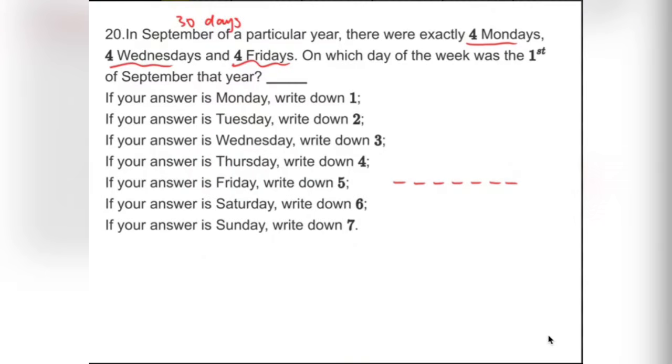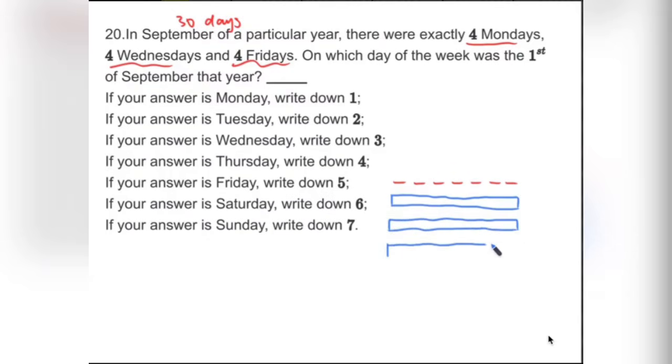And then we can confirm there must be 4 weeks: 1, 2, 3, 4, and then we have 29 and 30. Then you can see that there are 4 Mondays, 4 Wednesdays, and 4 Fridays.